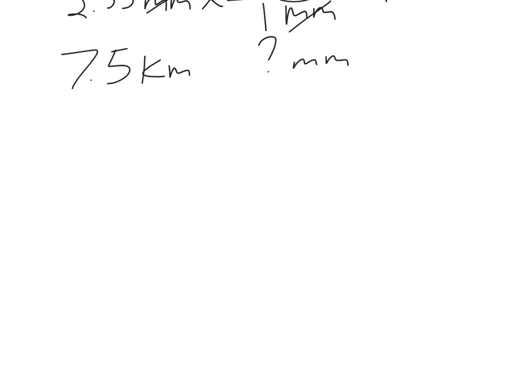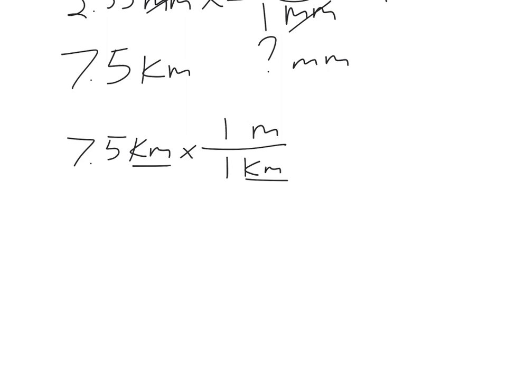You could do this in 2 steps, if you like. 7.5 kilometers. Up above, I knew that I can convert those to meters very easily. A kilometer down here and a meter up here. I'm trying to cancel this, so I put it on bottom. And I knew that 1 meter is the same as 10 to the, let's do it the other way. Let's do 1 kilometer is 10 to the third meters. I know a kilometer is 1,000 meters.